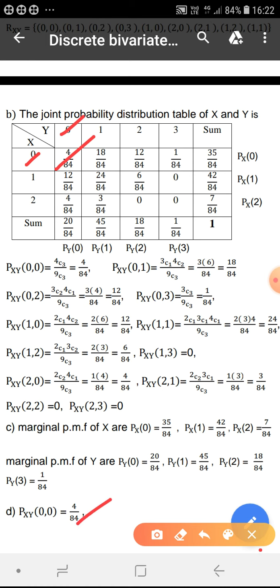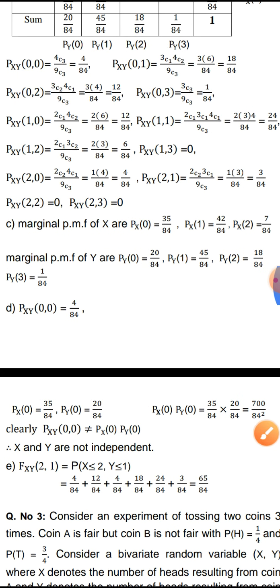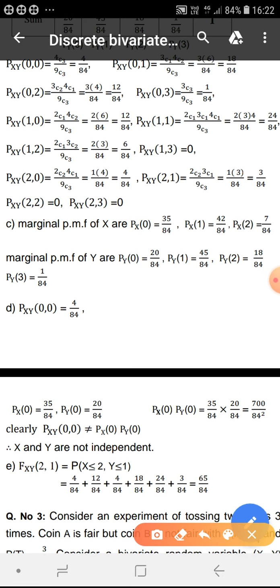Now you go for the marginal probability mass function. Px of 0 is 35 by 84 and Py of 0 is 20 by 84. If you multiply Px of 0 and Py of 0, you get the product as 700 divided by 84 square.